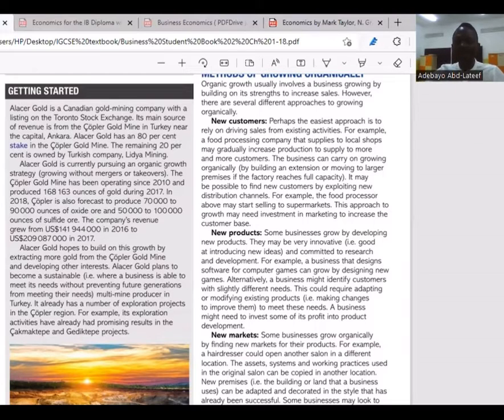A business can increase its channel of distribution. One. A business can also try to increase its capacity to reach full capacity by maybe getting more premises where it can produce further goods. So if a business can do this, it means it can increase the number of its users. So that is what we mean by new customer.